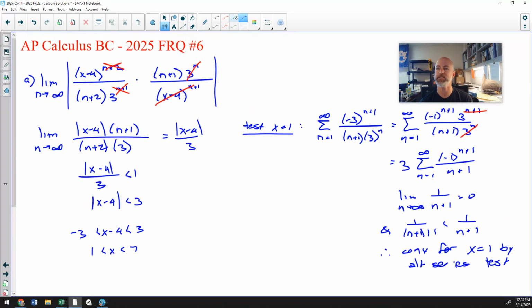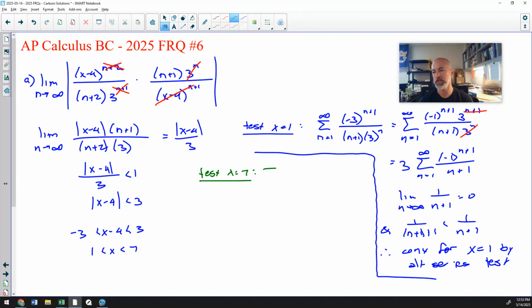And just to keep things separated, I'm going to do the other endpoint in green. So now I need to test x equals 7. This will probably diverge. That's going to give me the series n goes from 1 to infinity of 7 minus 4, which is 3 to the n plus 1 over n plus 1, 3 to the n.